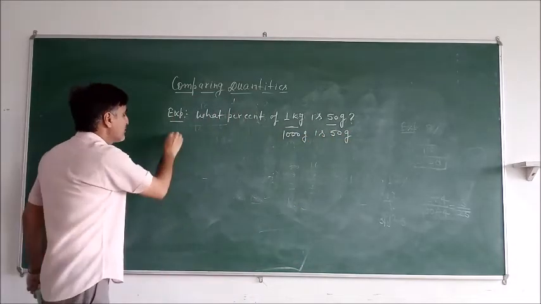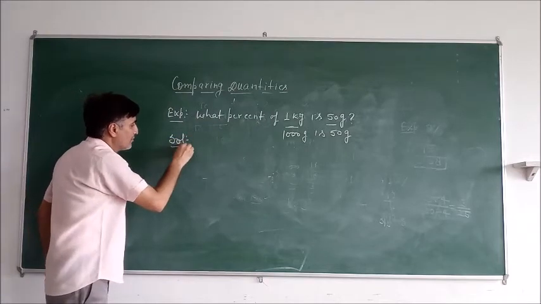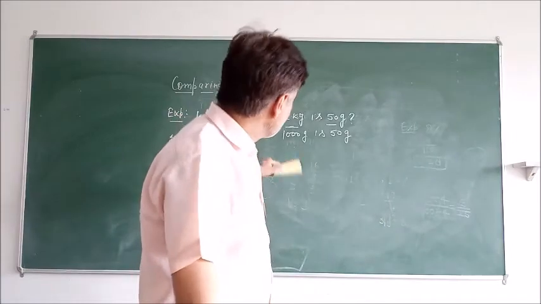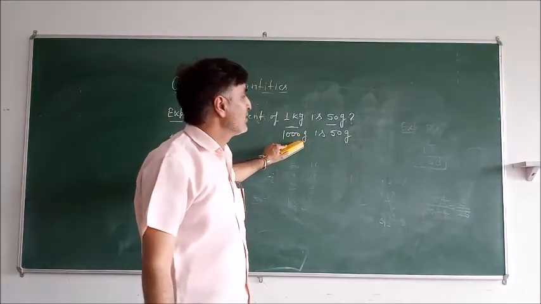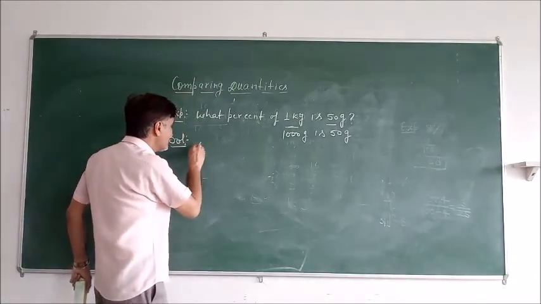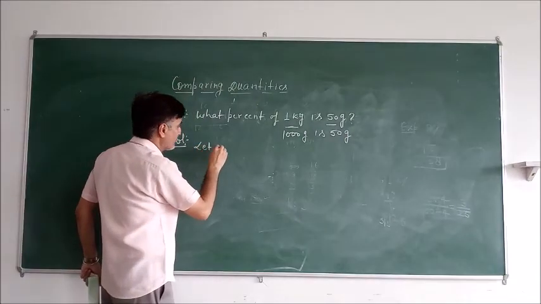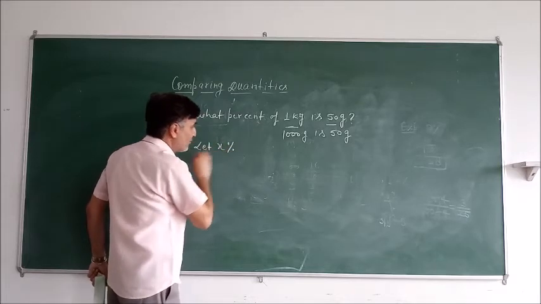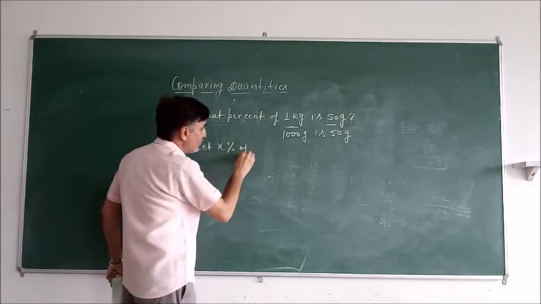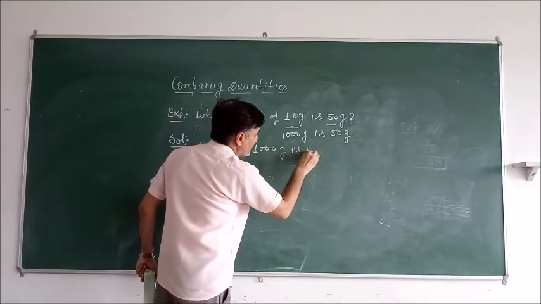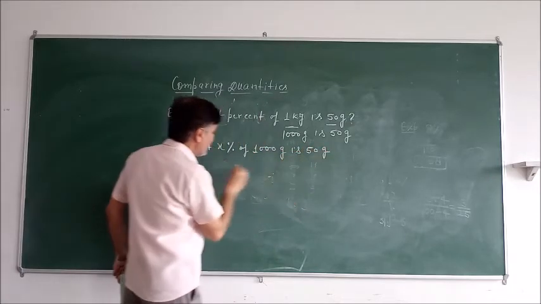For this one, we can assume that x percent of 1000 gram is 50 gram. So here we write this statement: let x, that is the symbol of percent, x percent of 1000 gram is 50 gram.